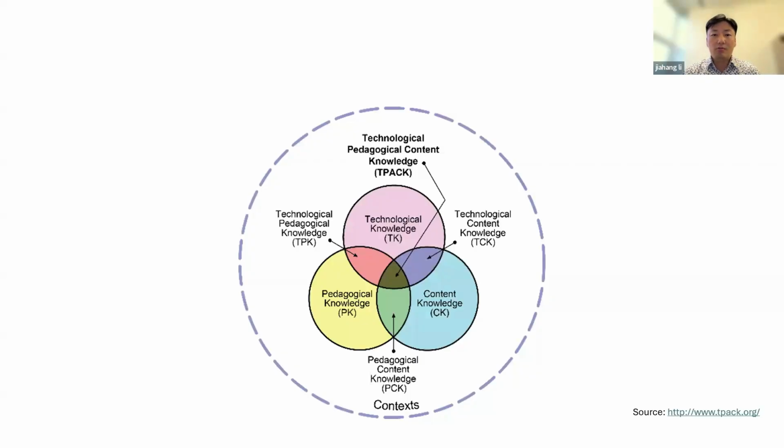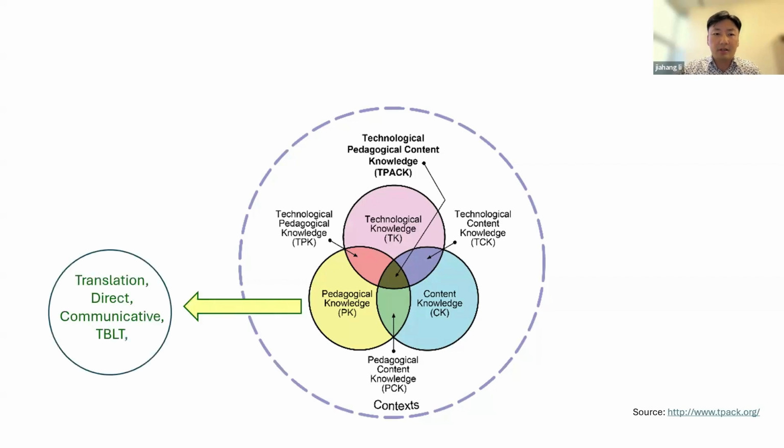So now we try to go through each bubble and the intersection one by one. I hope that gives you a brief idea about the entire framework. So let's maybe summarize a little bit. Again, when we talk about pedagogical knowledge, we're talking about a lot of teaching methods and instructional strategies, right?